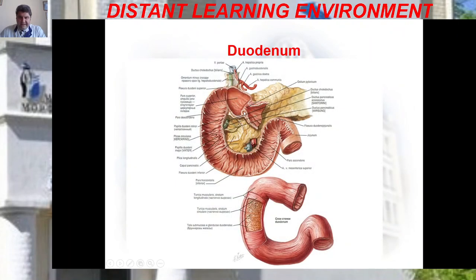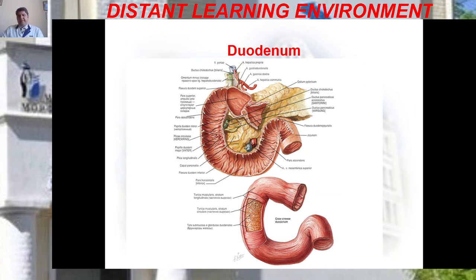You may see this part which is called the pyloric sphincter, and it regulates the passage from the stomach to the duodenum.